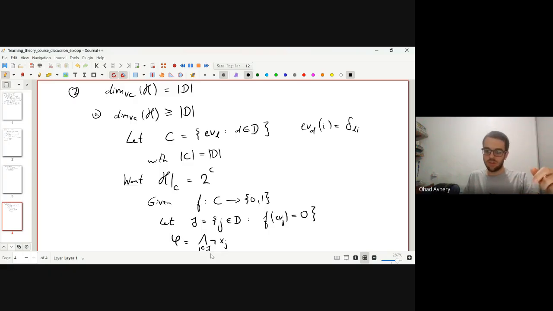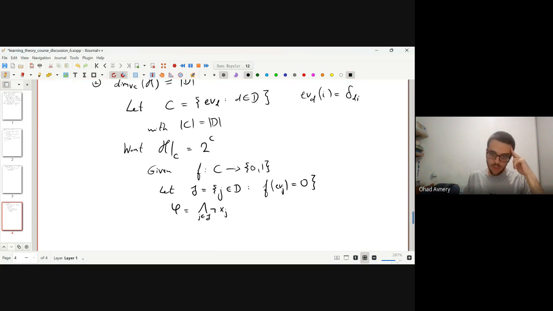Now we want to show that the restriction of phi to C is exactly the function f, which is basically true by definition, because for every j that should be false, we explicitly make it false by taking the one variable that is 1 in EVJ and explicitly demanding it to be 0.